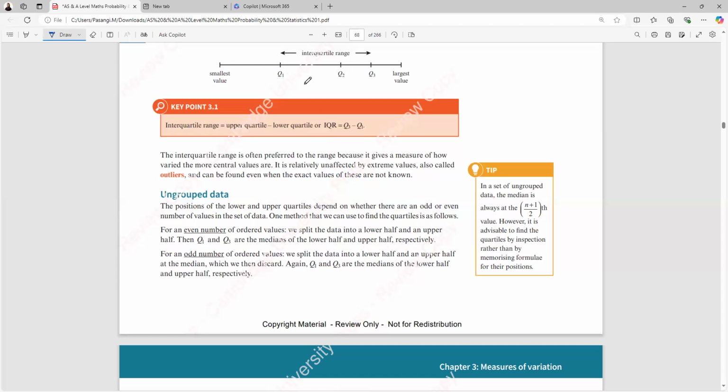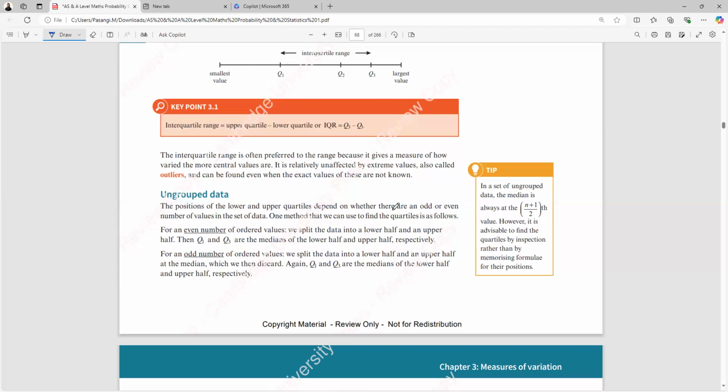So first, we divide the entire data set into two parts. One is for the lower half, the other one is for the upper half.